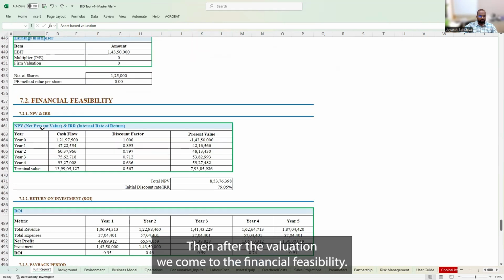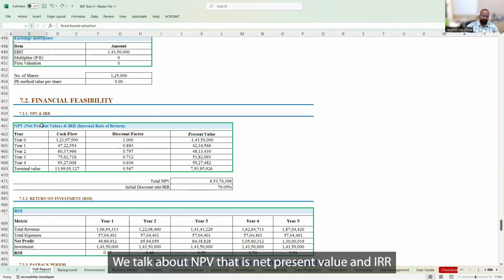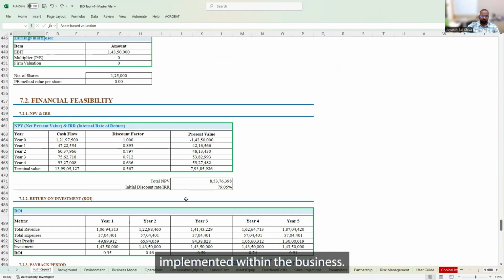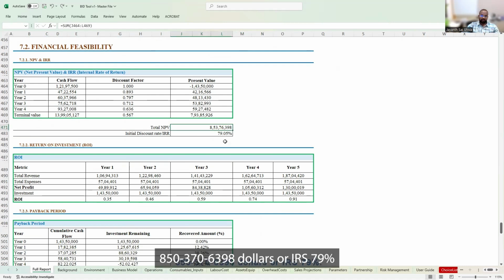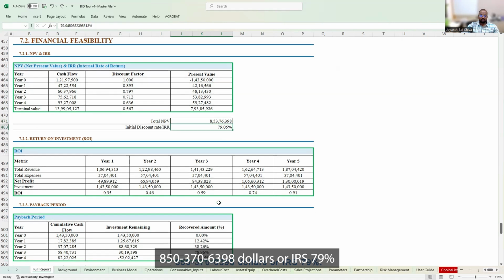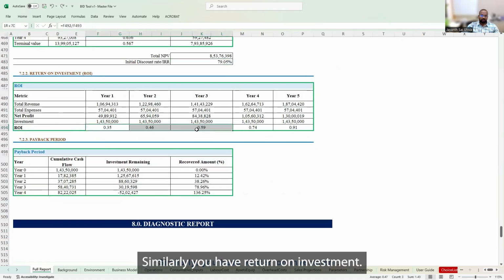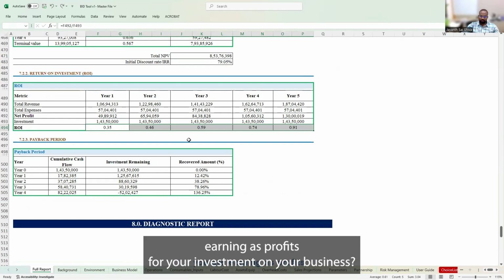Then after the valuation, we come to the financial feasibility. We talk about NPV, that is net present value, and IRR, internal rate of return of the business. For example, NPV of your business is $853.76,398, or IRR is 79%. Similarly, you have return on investment. What is the percentage of the return that you're earning as profits over your investment in your business?